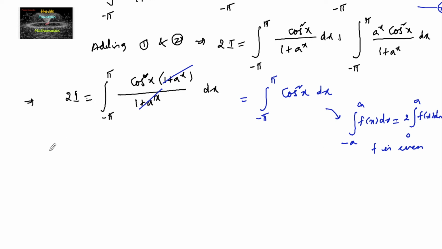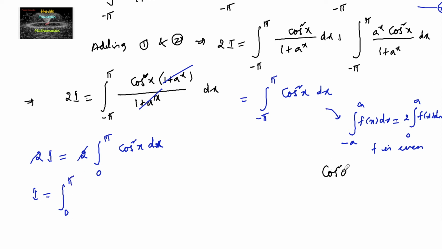So we can write 2I is equal to 2 times the integral from 0 to pi of cos square x. So 2 and 2 get cancelled, so I is equal to the integral from 0 to pi, and we know that cos square theta is equal to 1 plus cos 2 theta upon 2. So we can write 1 plus cos 2x upon 2 dx.